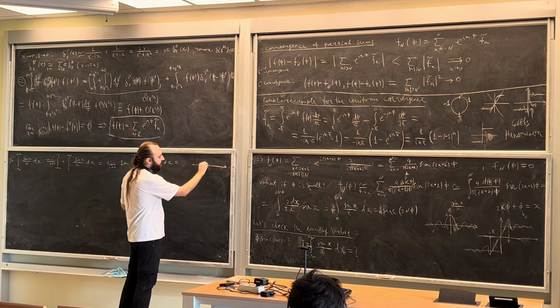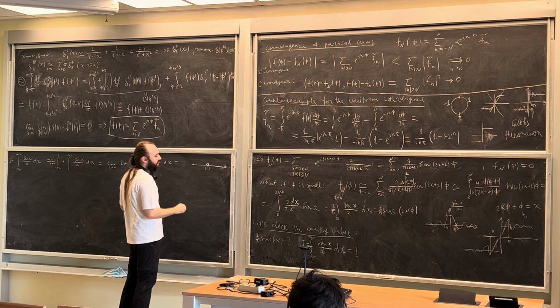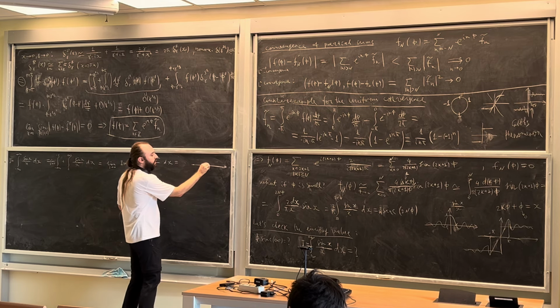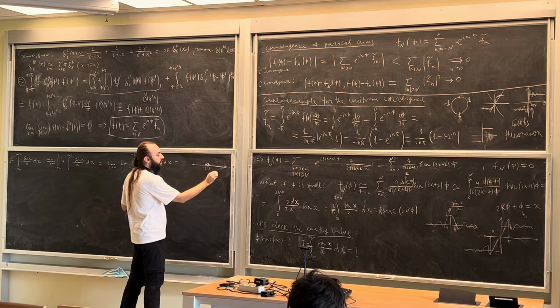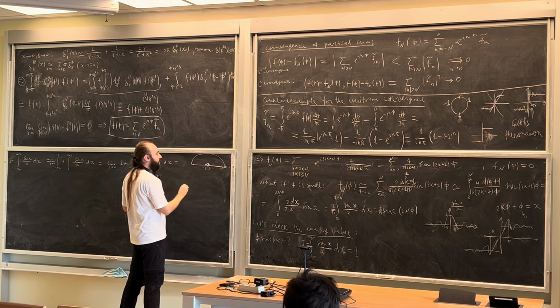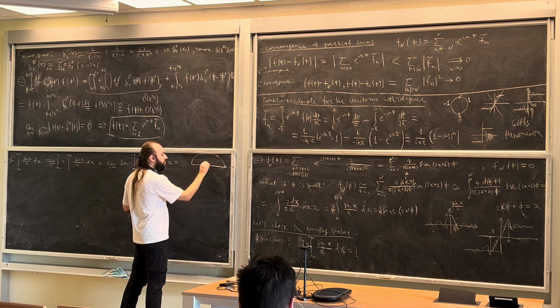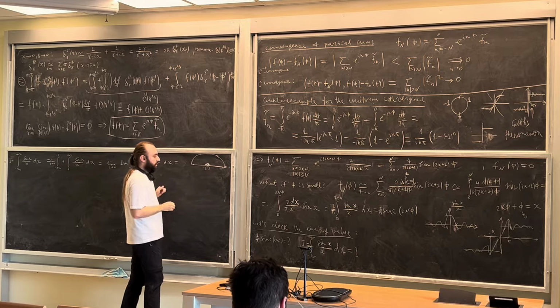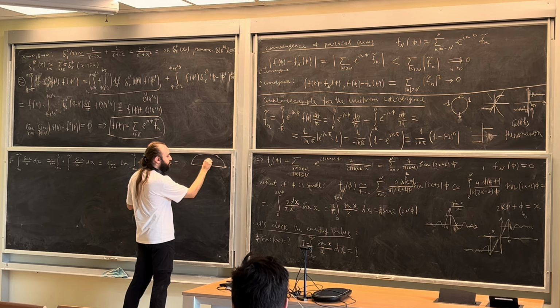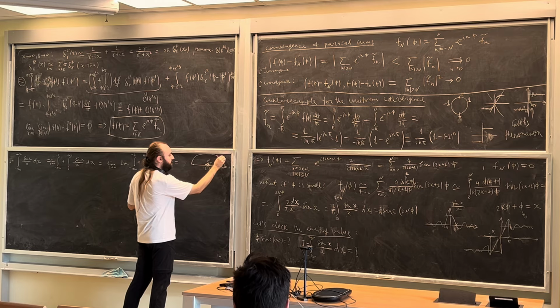So, yes, we can add this small half path here, and another integral at infinity. We can call this C0 and this C infinity.